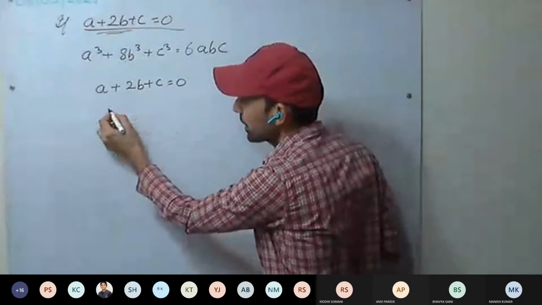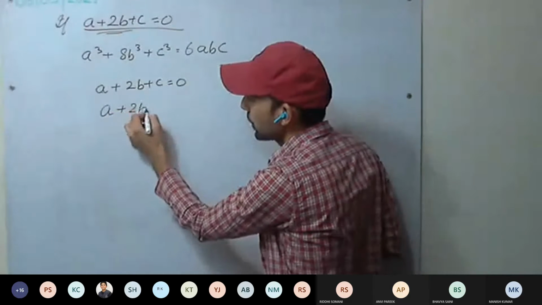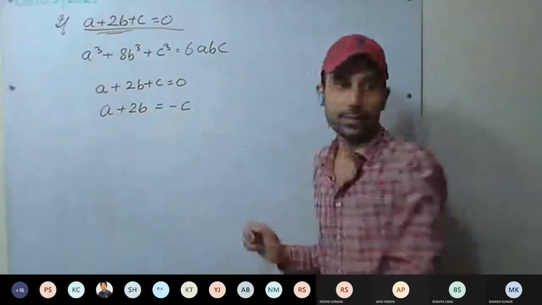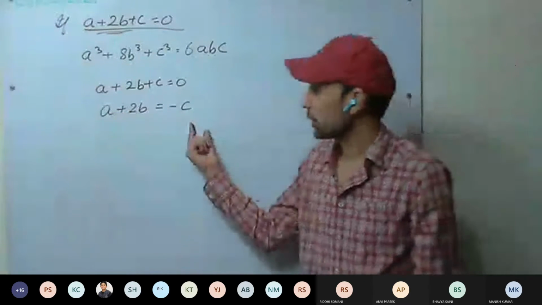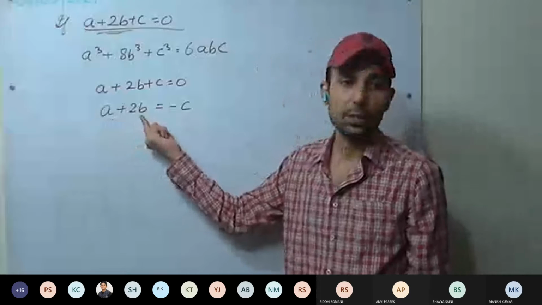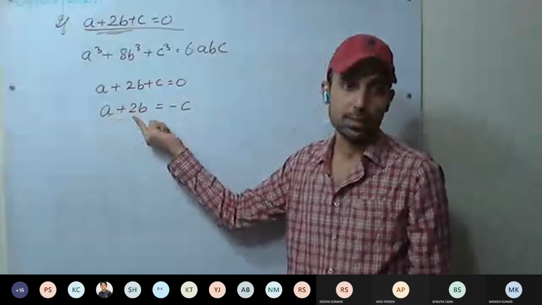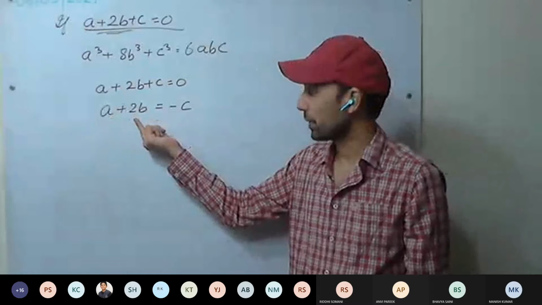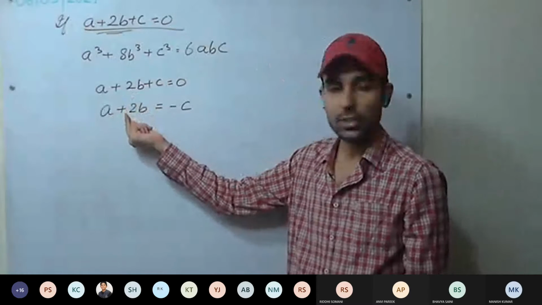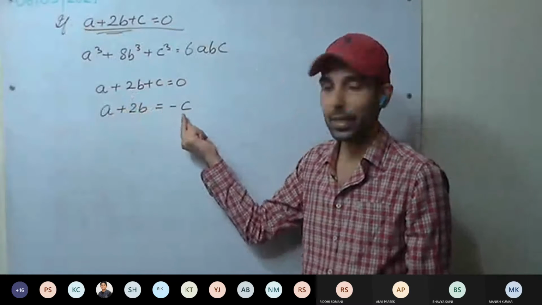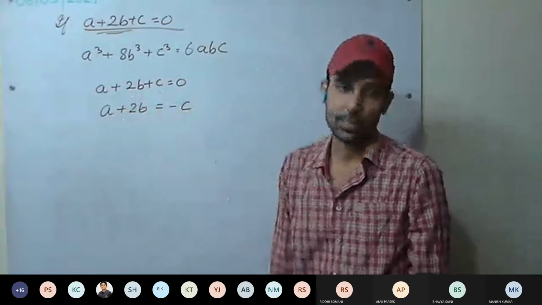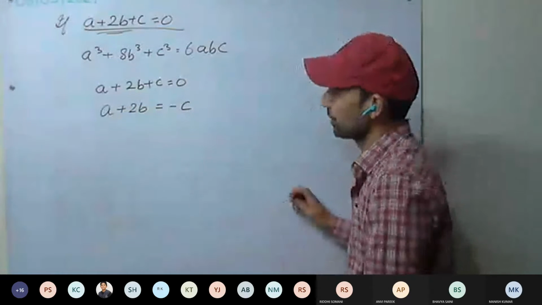Before that, we have to do something, that is a plus 2b equal to minus c. This we have to do because we have only cubed two variables, the sum or difference of two variables. So we will rewrite the condition in this form, a plus 2b equal to minus c. Now cube on both sides. Do the cubing on both sides.